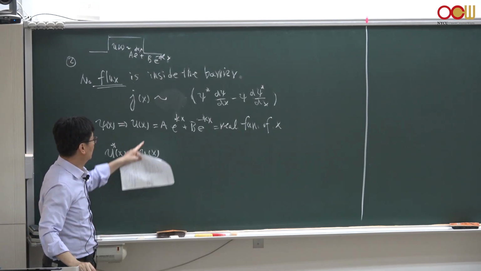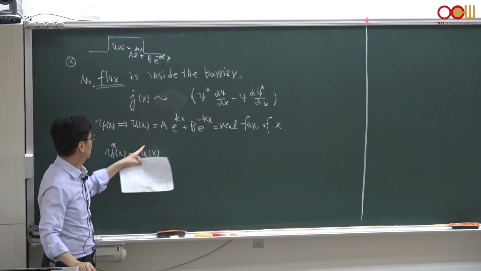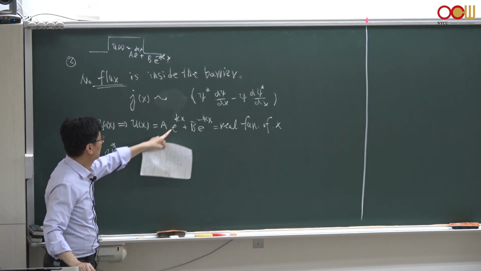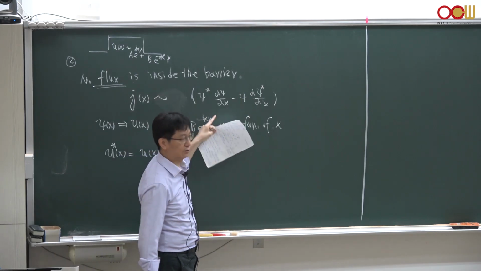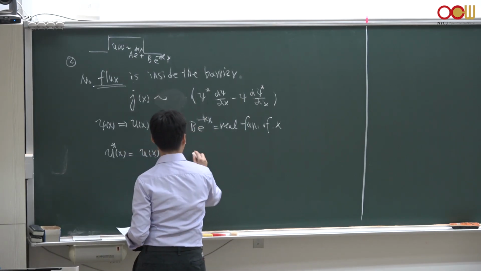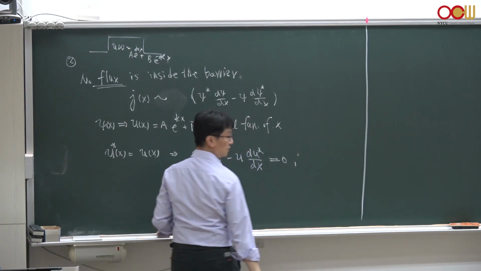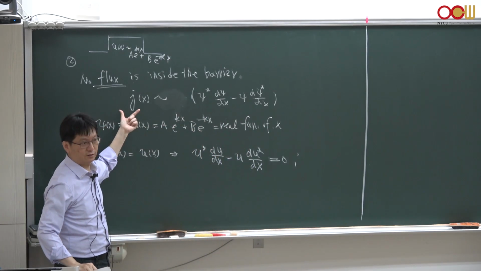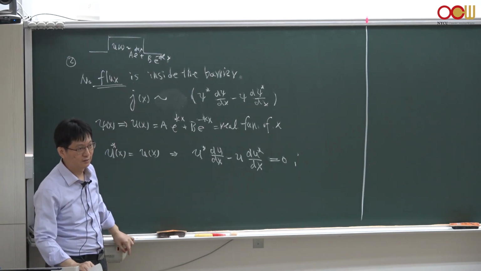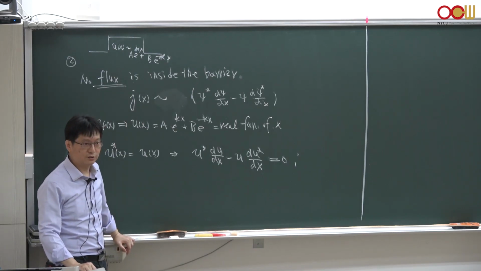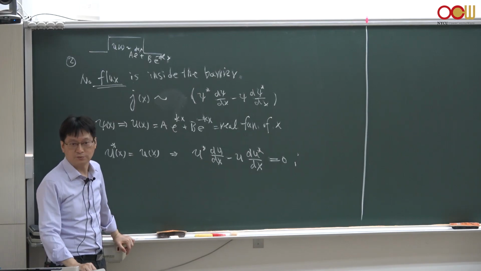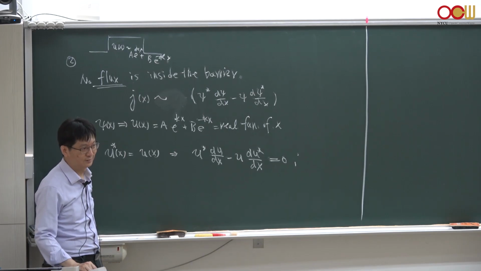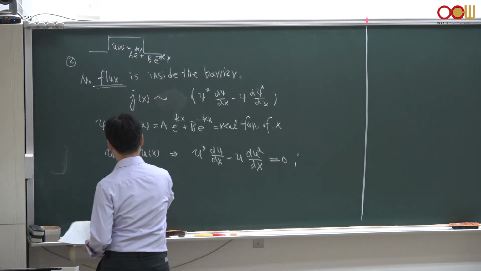As a result, if you simply plug in the solutions, as long as it's a real function of x, this quantity exactly cancels. So when this quantity is 0, the flux is also 0, right? So in other words, if you really want to detect the flux, you will be disappointed because flux is 0. Flux is 0.